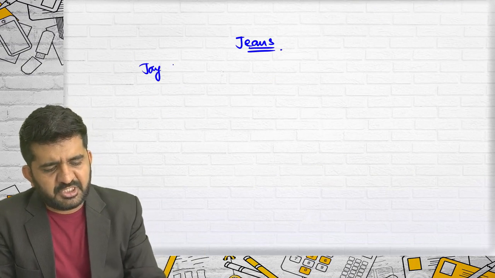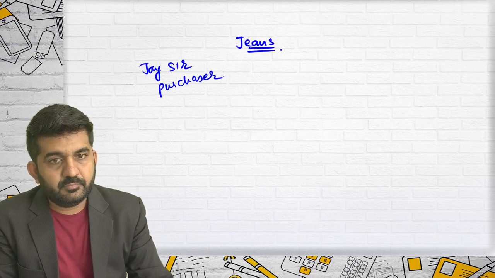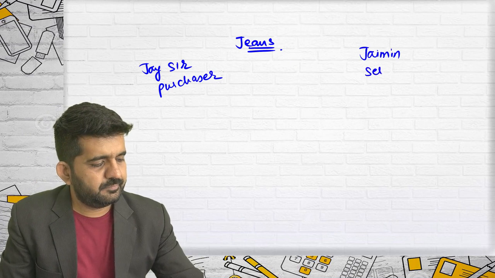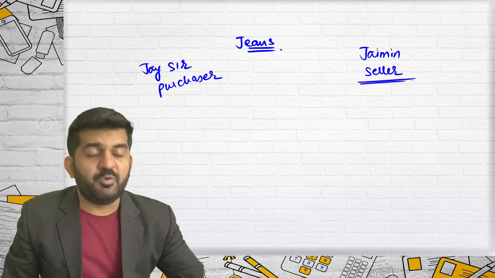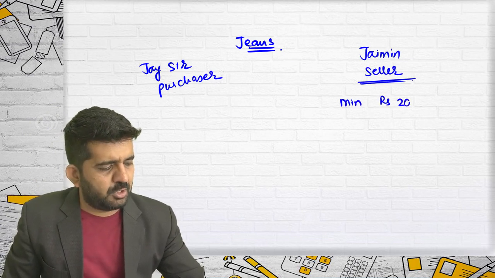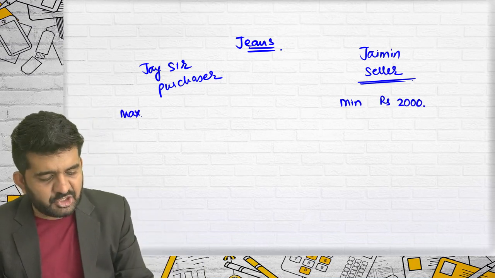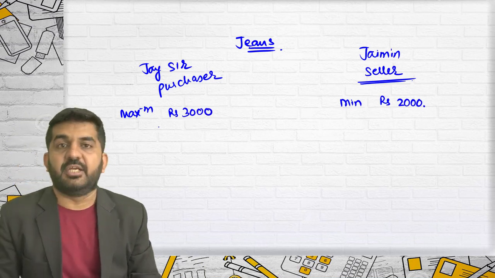Jai sir is purchaser. Jaimin is seller. The minimum price which Jaimin wants for jeans is rupees 2000. The maximum price Jai sir is ready to pay for the jeans is rupees 3000.